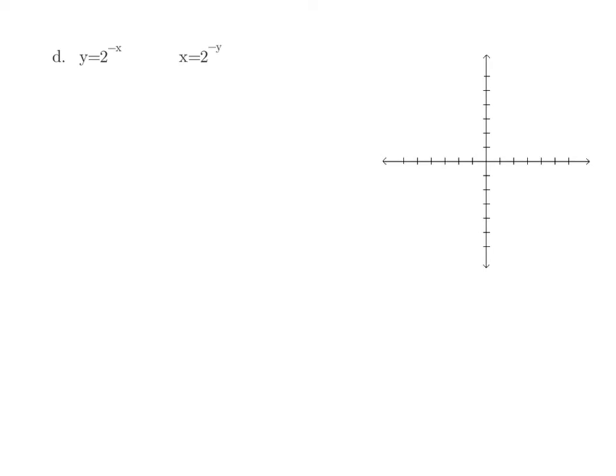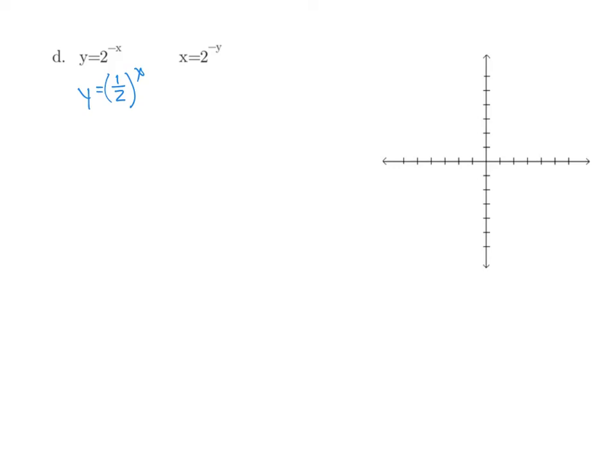Okay, last one. We have y equals 2 to the minus x. And as I said, I personally don't like this notation. So I'm going to switch it. Instead of having y equals 2 to the negative x, I'm going to take 2 to the -1, which is 1/2, and I'm going to raise it to the x.